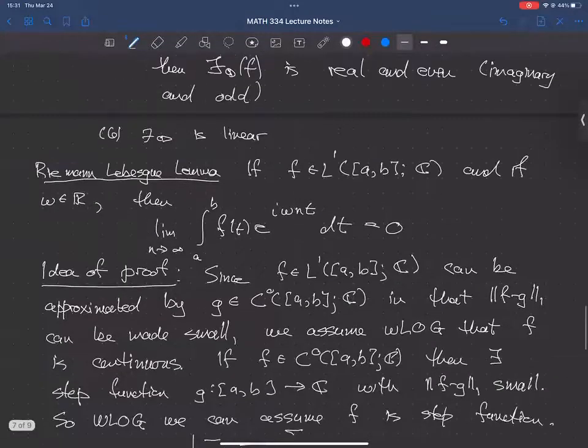So for the CDFT, I'm going to take 0 to t, and I'm going to take omega to be 2 pi over t, okay? And then what this says is that if you have f, which is in L1 per of 0 t, then the CDFT goes to 0 as n goes to infinity.